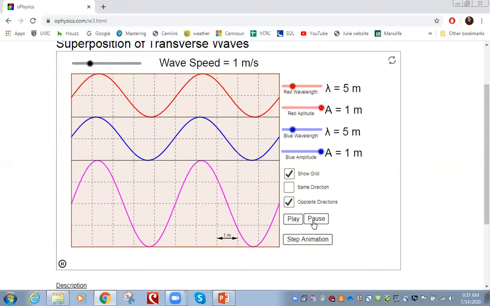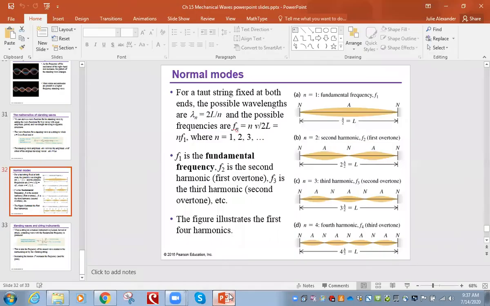Now, the formula to figure these out is on a page of your PowerPoints for this chapter, and you'll see here's the formula: the nth wavelength of a normal mode is 2L over n. The frequencies corresponding to that are nv over 2L, because remember, frequency is just speed divided by wavelength.